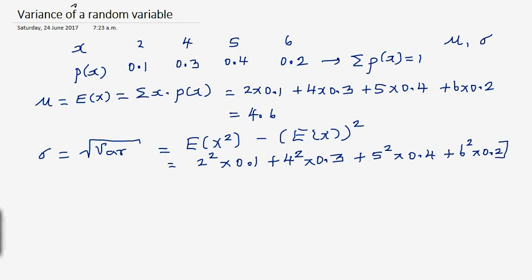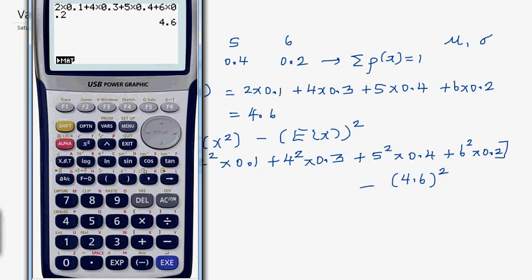So this is the expected value of x squared minus the expected value of x, which is 4.6, the whole squared. So let's do the whole thing on a calculator.